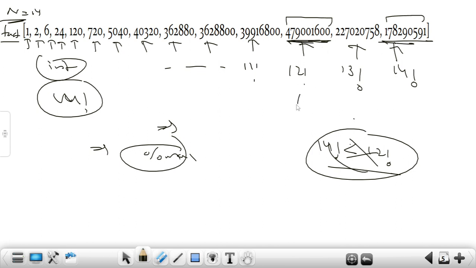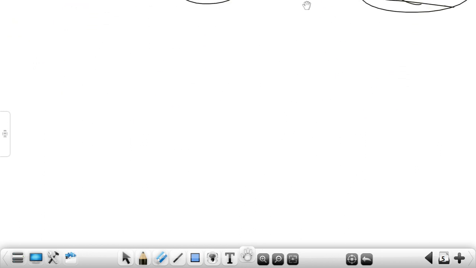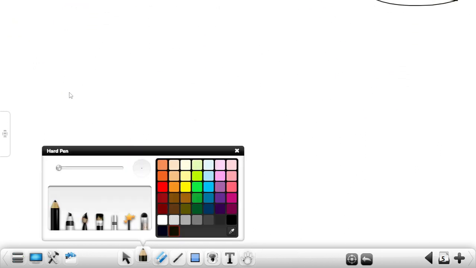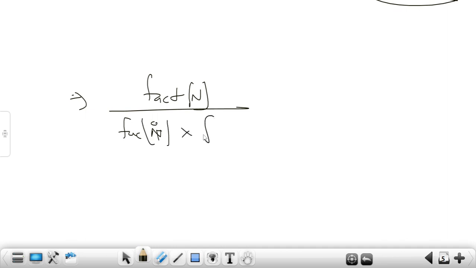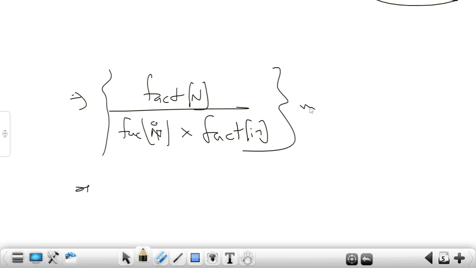So how to cope with this error? In order to solve the expression that we have, factorial of n divided by factorial of i into factorial of n minus i, we need to calculate mod here also.